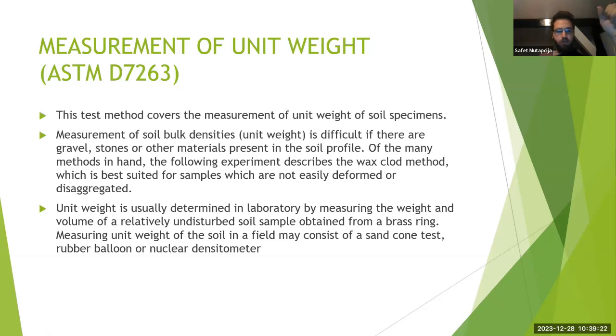Unit weight is usually determined in the laboratory by measuring the weight and the volume of a relatively undisturbed soil sample obtained from a boring. Measuring the unit weight of the soil in the field might consist of a sand cone test, rubber balloon, or the nuclear densimeter.